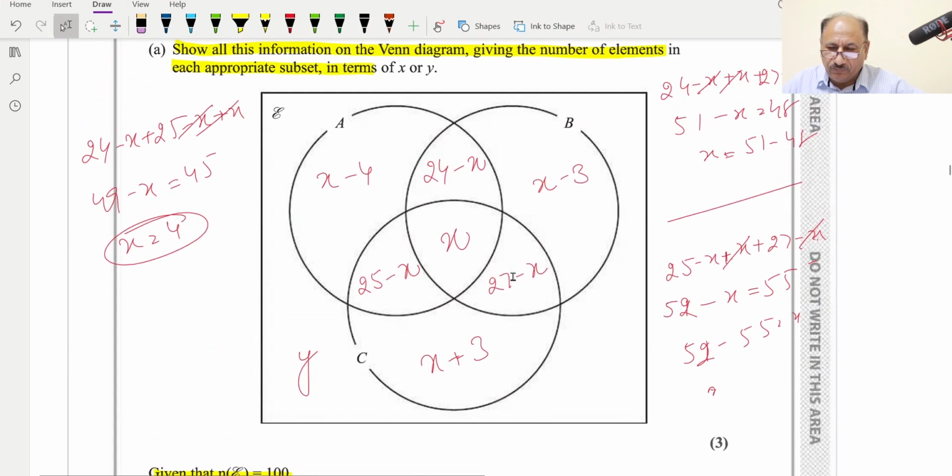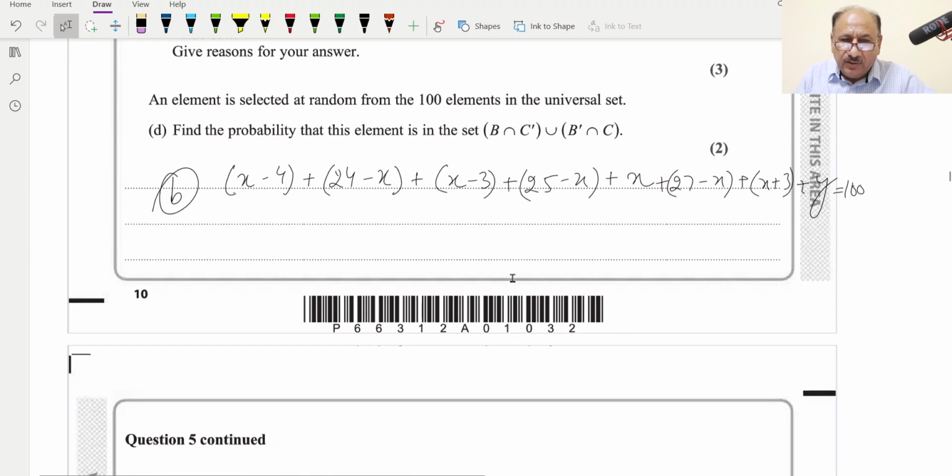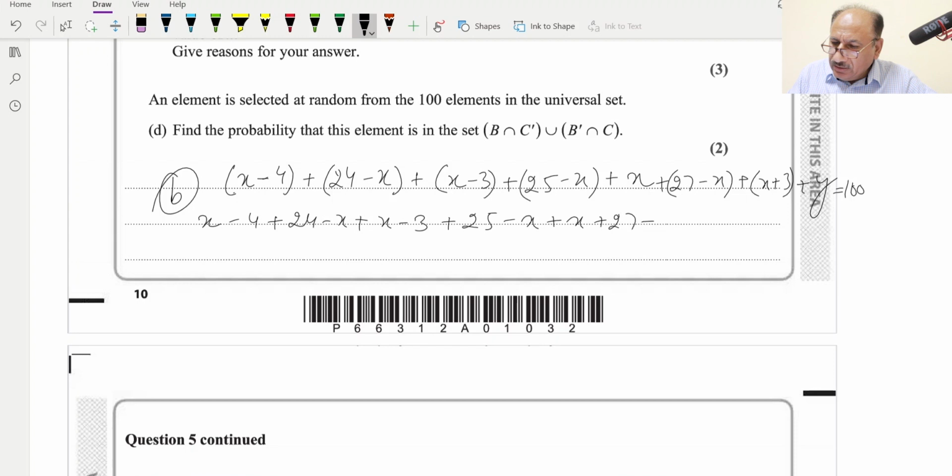So everything we have written in the Venn diagram is over here, and if we simplify this and open the brackets, it will be x minus 4 plus 24 minus x plus x minus 3 plus 25 minus x plus x plus 27 minus x plus 3 plus y is equal to 100. Now we can do cancellations.